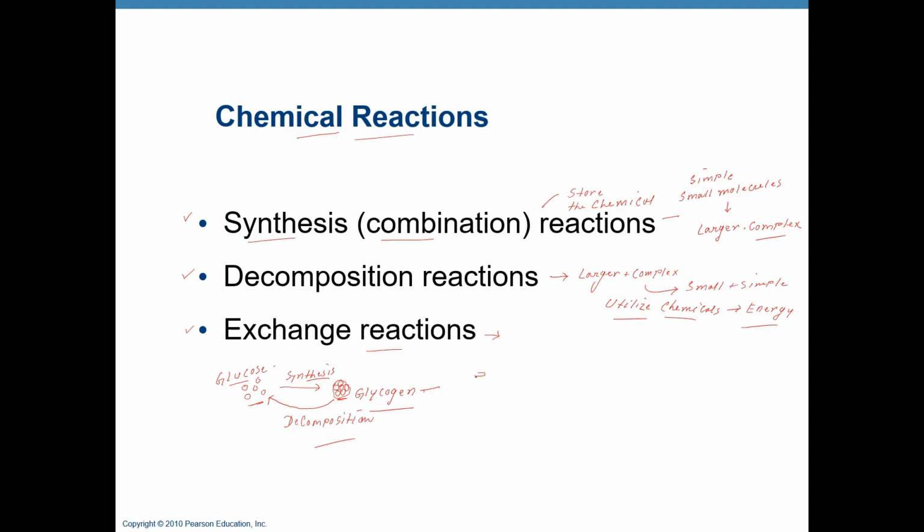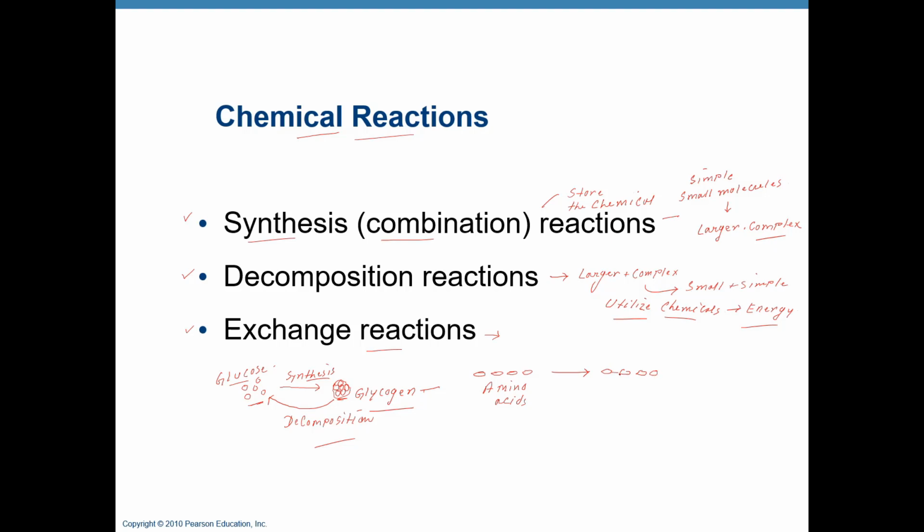Amino acids are the small units of protein molecule. So these are amino acids. If you combine these amino acids together to form a chain, this is a protein molecule.